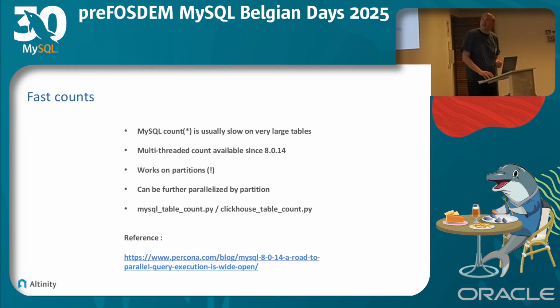Okay, the fast count. Fast count, from 8.0.14, uses a specific variable that I'll show in the next slide. I learned that in this Percona article. It works on tables, so no WHERE clause. But it turns out a partition is a table, so you can parallelize on the partitions.